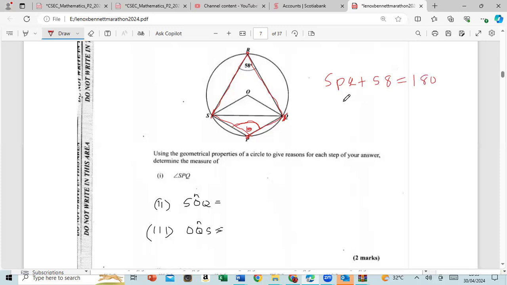And then you do the transpose. You subtract. I used a small letter where it's supposed to be capital. Please don't do that in the exam, guys. Just write the right thing. So we just subtract 58 from 180, and this works out to 122.